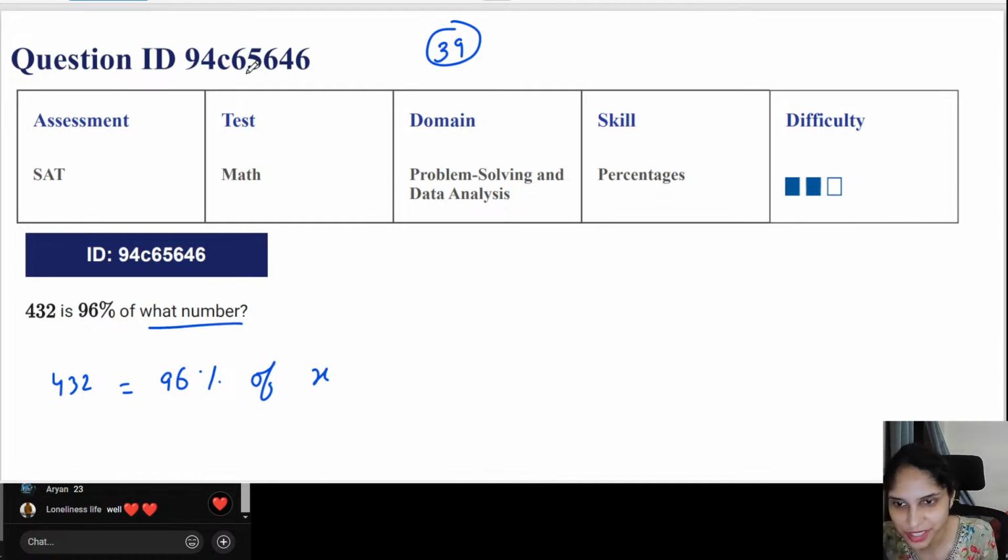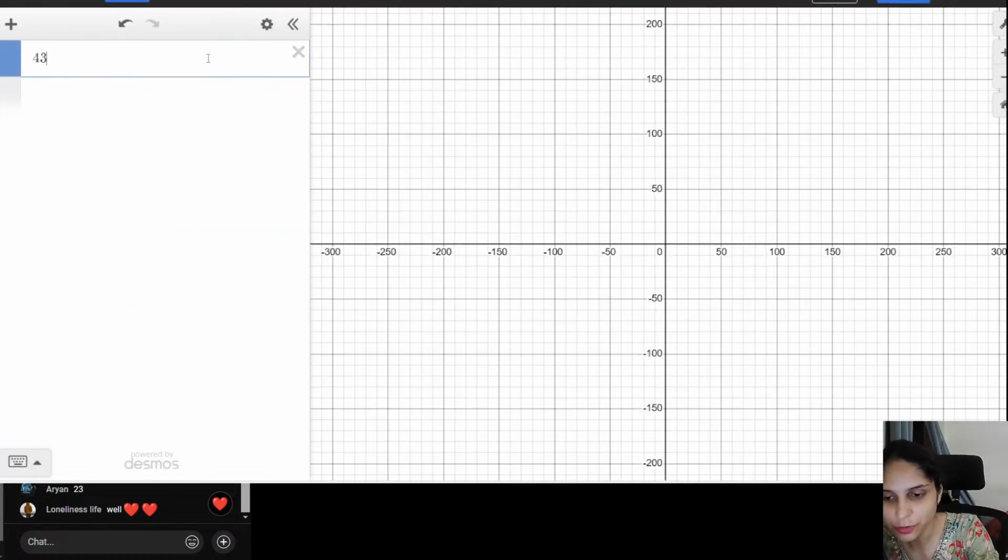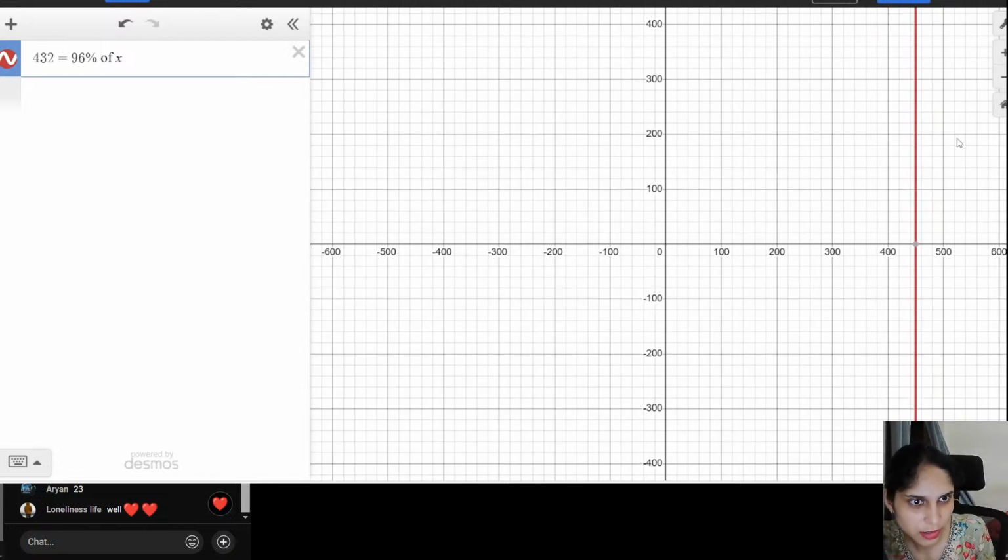Just put it in Desmos, you'll get your answer. Is means equal, 432 is 96% of what number? We do not know the number, right? X. And it is 96%. And if you can't see your answer, just zoom out, you will be able to see 450 is your answer.